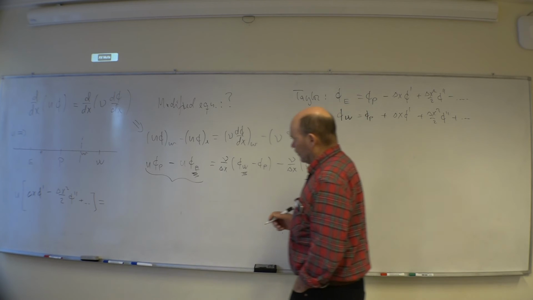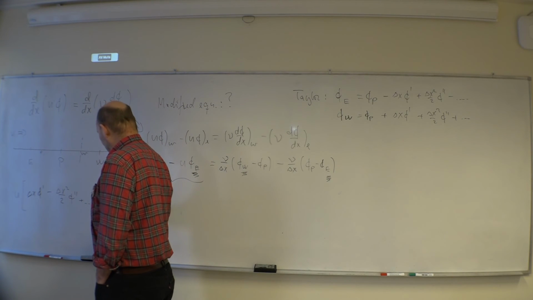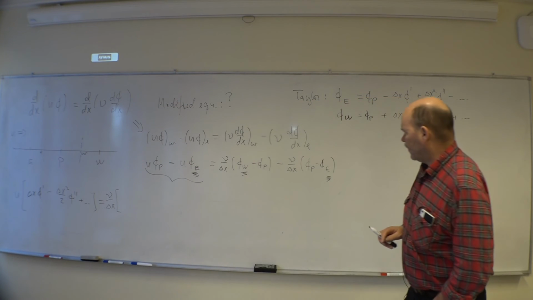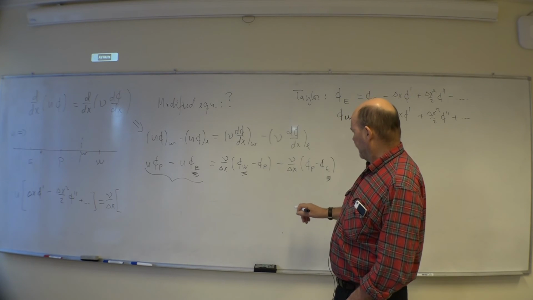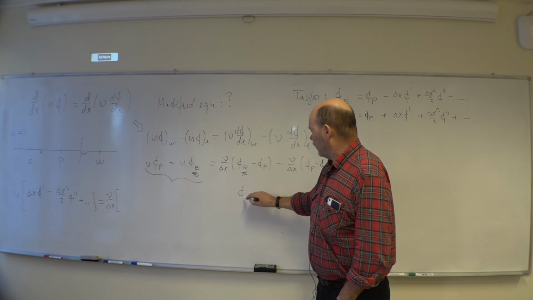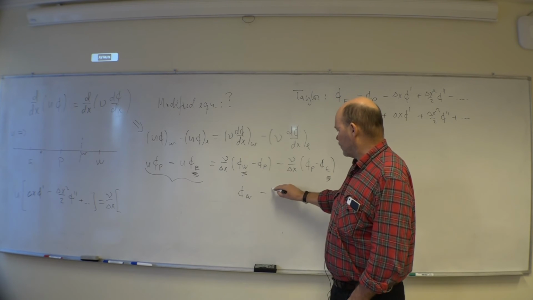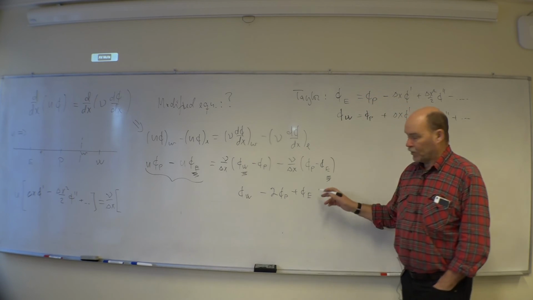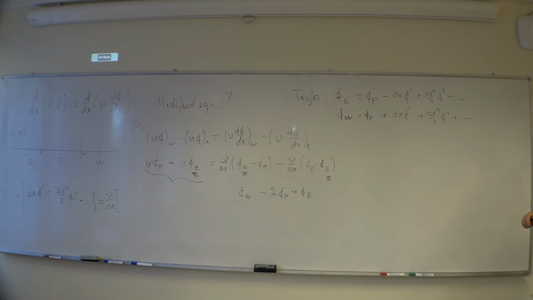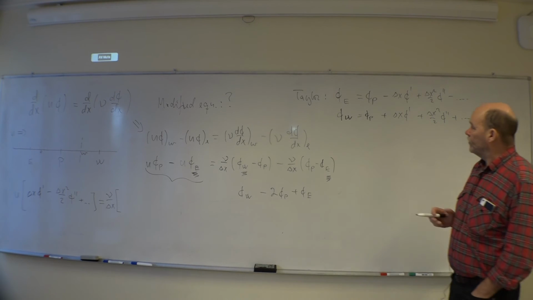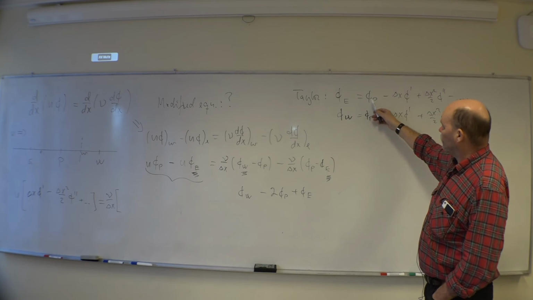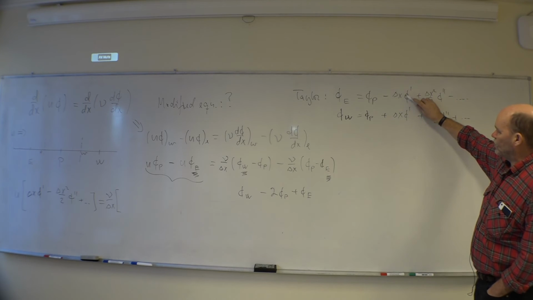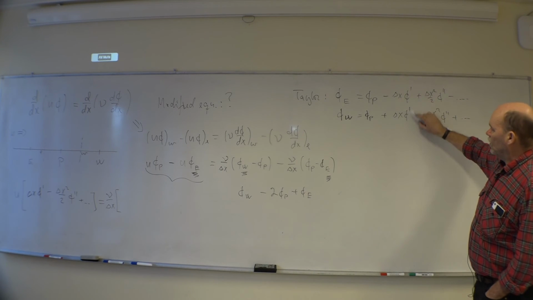On the other side, we can take nu and delta x outside, and then what we have inside is something like phi w minus 2 times the center point plus the eastern point, as you can recognize from the double derivative in finite difference. So what do we get? The sum of these two minus 2 times the center point. So these will drop. You will have the west minus east.